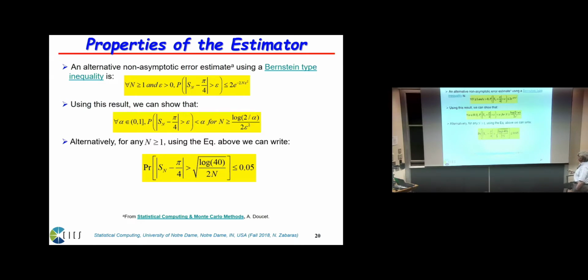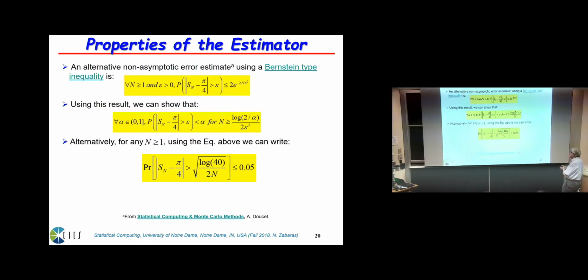So, for example, you remember I told you before about this n epsilon squared. There is another inequality that looks like this, and different approximations. And you can prove here that the probability that you would be away from the mean by this amount is actually less than 0.05.